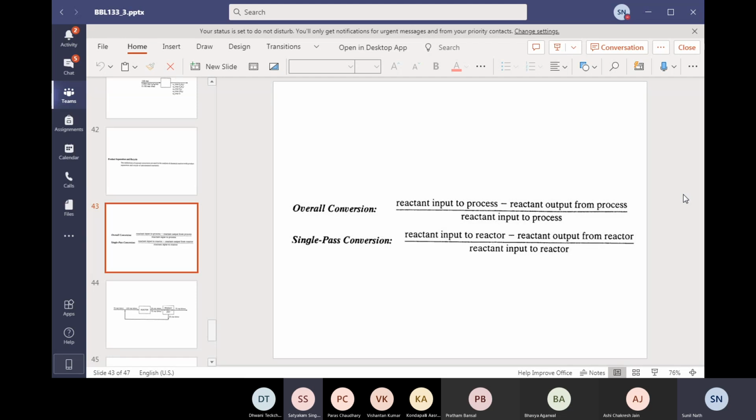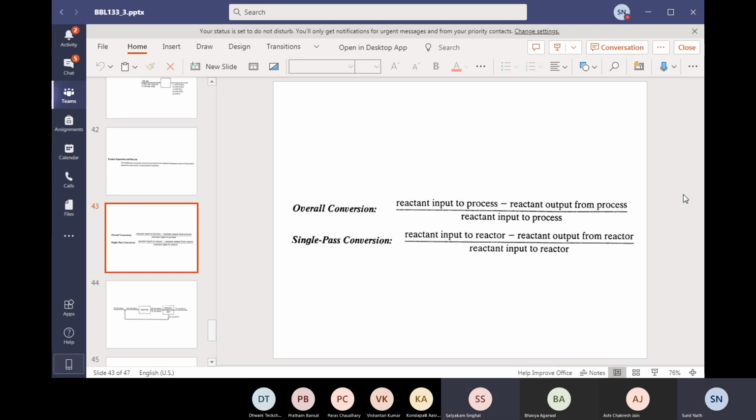Sir, are you talking about the last question you gave in the class? Yeah, but this is a different one. Here I've just taken a fictitious problem, of which what I gave last time is of course a better example. But first we should, for the question I just described to you, find the overall conversion.